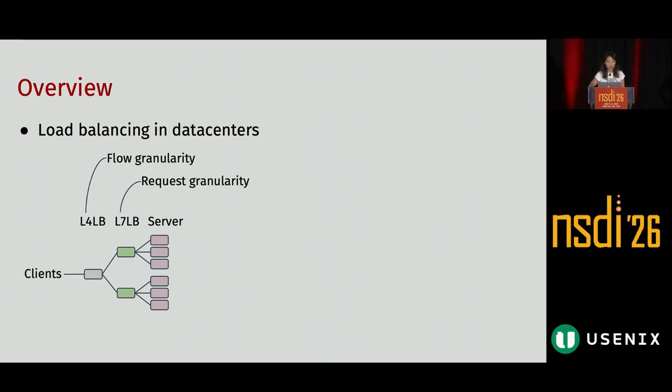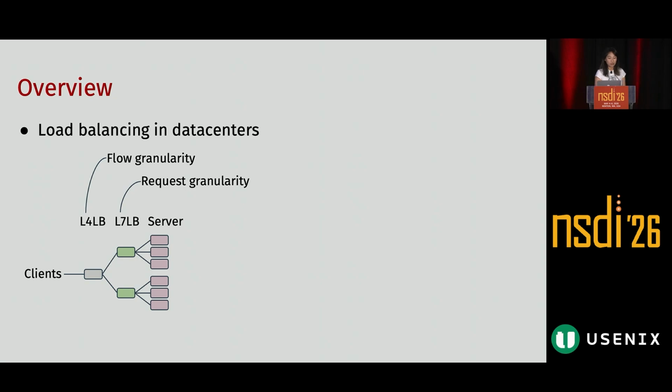So some context first. As many of you already know, in data center or cloud environments, load balancing usually happens at multiple levels. For example, closer to clients, we have layer 4 load balancers, which operate at flow granularity.